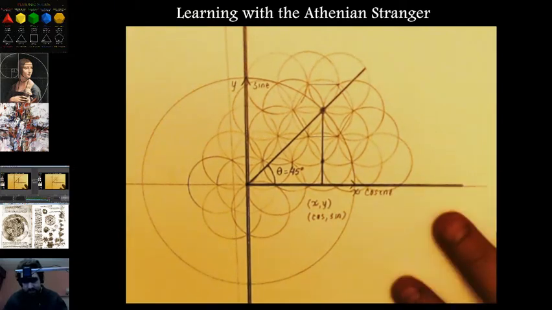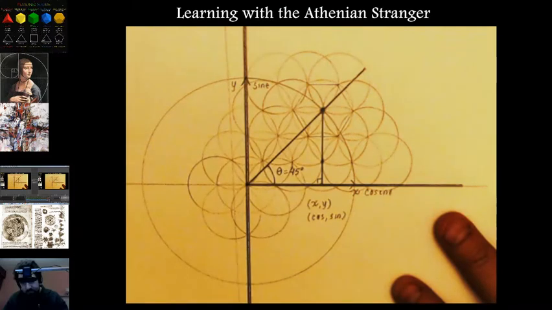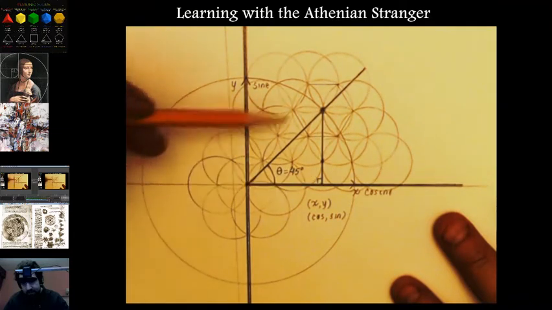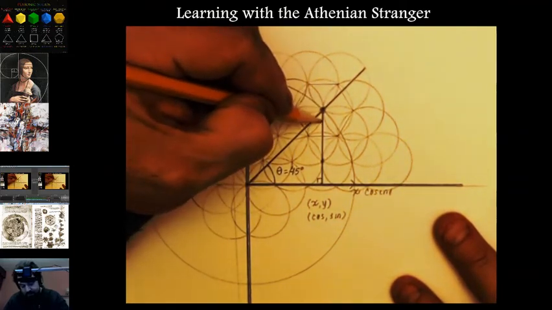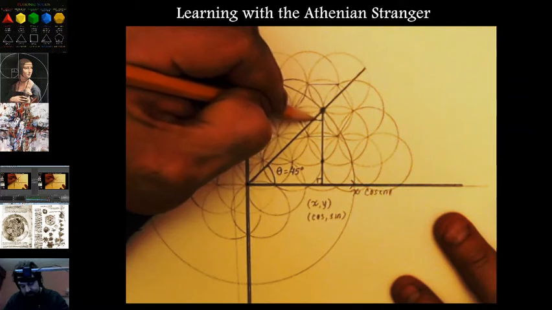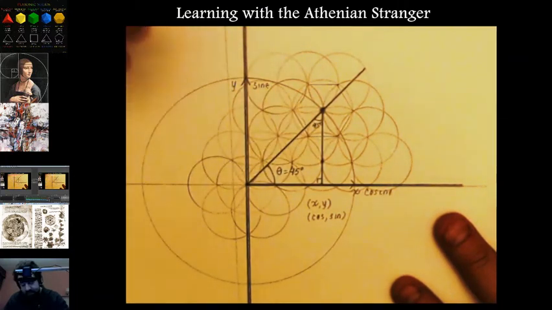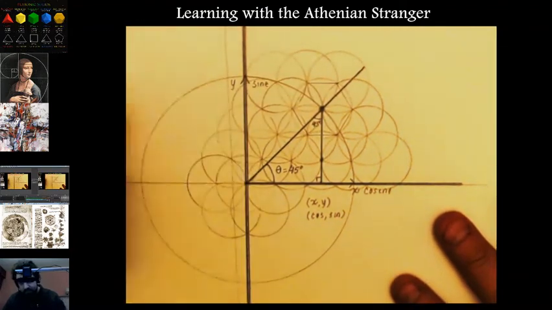So now this is a perfect right angle of 90 degrees. Since this is 45 degrees and this is 90 degrees, and we know that all of the internal angles of a triangle add up to 180 degrees, I know that this angle here is also 45 degrees. And that's important because the 45, 45, 90 triangle has a special property.